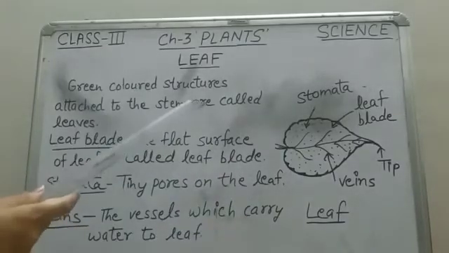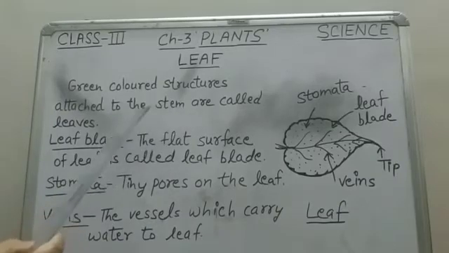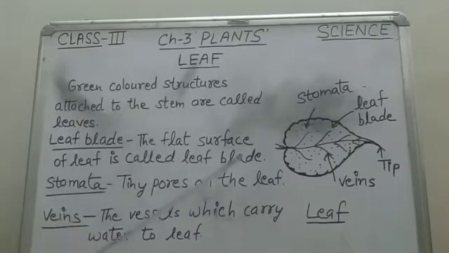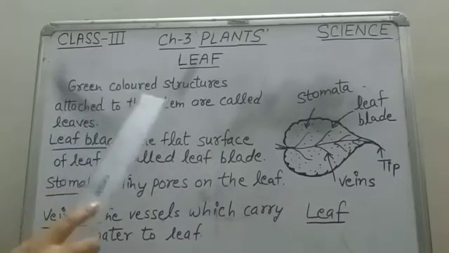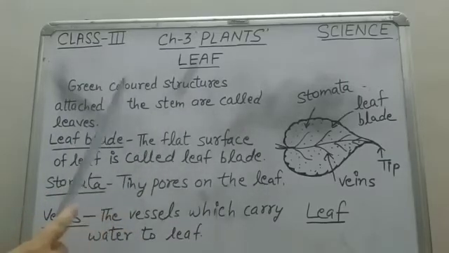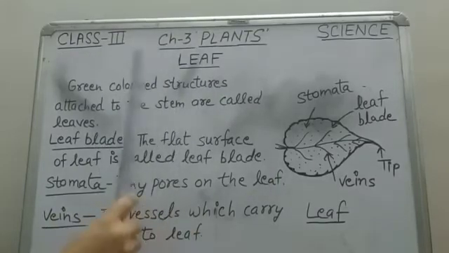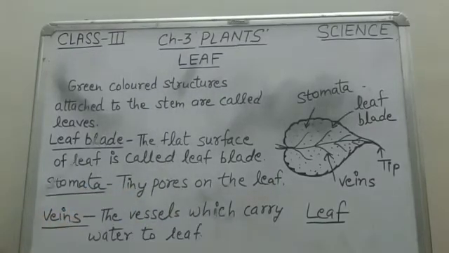Green colored structures attached to the stem are called leaves. Why are leaves green? Due to the presence of pigment called chlorophyll. Because of chlorophyll, leaves are green in color.